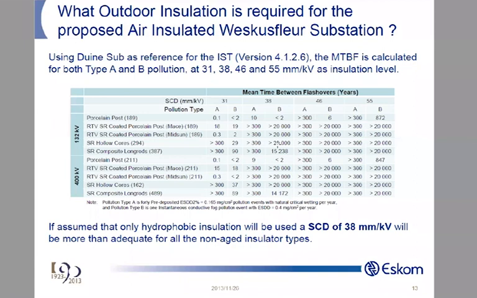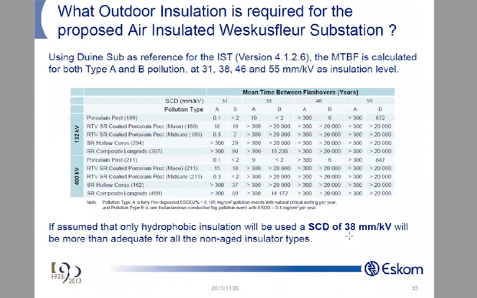Look here at the values. So 38 millimeters per kV would give very good performance for that substation. So if that is what you're going to use in your design, you can now go and sleep at night.